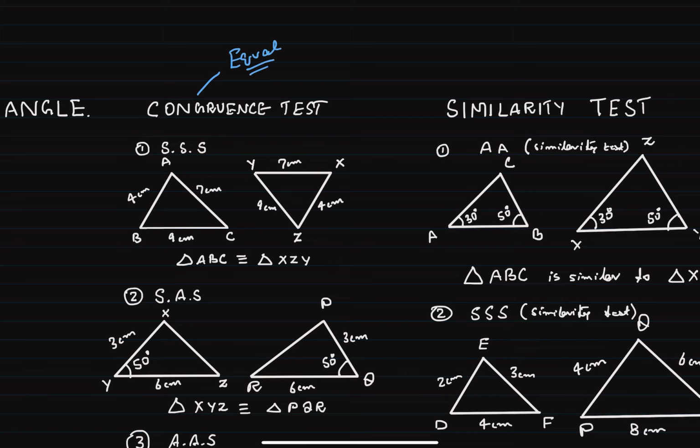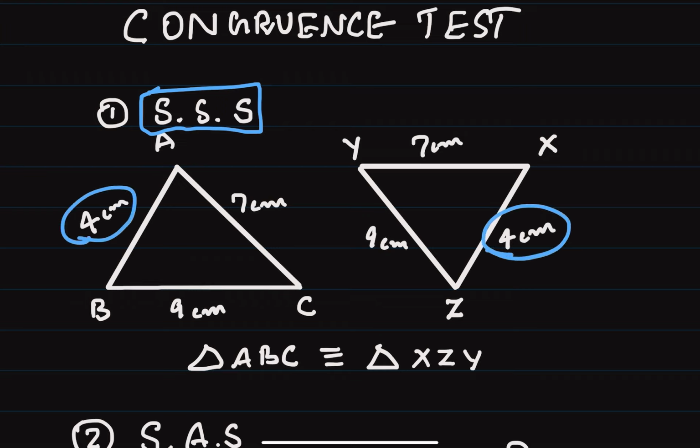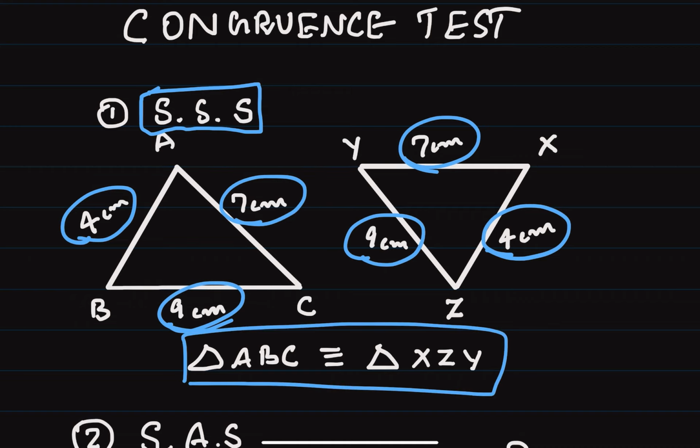Property number one is side. That means if there are two triangles, and if you can see that one side is equal to the other side, this side equals this side, and this side equals this side. If you manage to prove that the three sides of one triangle are equal to the corresponding sides of the other triangle, then you can say that these two triangles are equal or congruent, right?